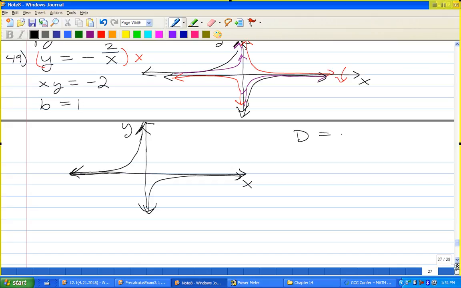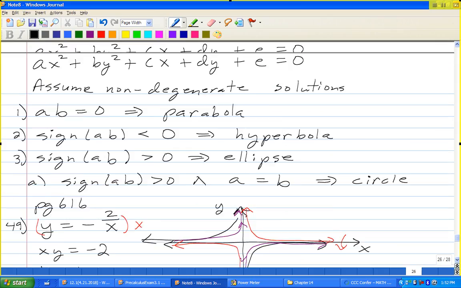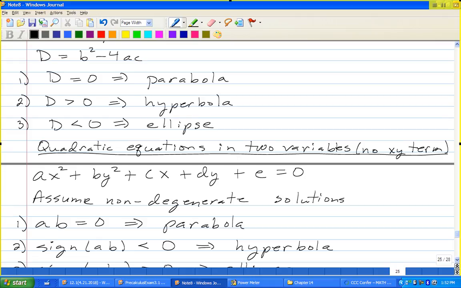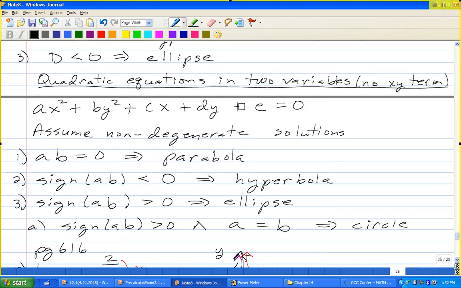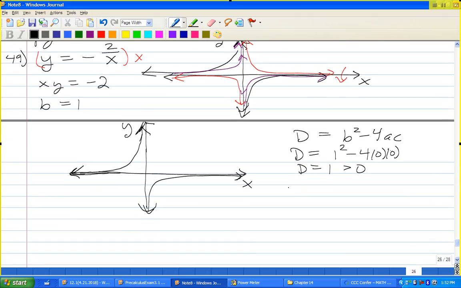So let's look at the discriminant. The discriminant in this case is 1 squared minus 4 times 0 times 0, which is 1, greater than 0, which says it's a hyperbola. This is actually the sketch of a hyperbola. So what we've been drawing here is a hyperbola.